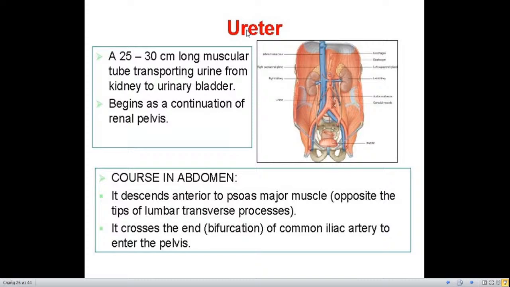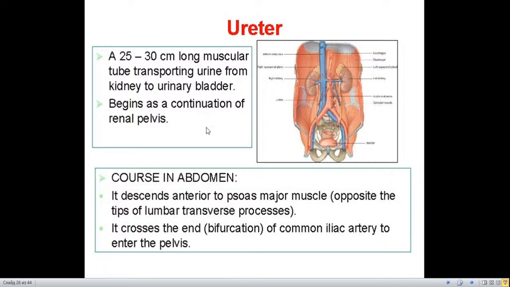My dear, on the slide is presented more important information about peculiarities of ureters. Reflect please this information on your notes. First of all, these are long muscular tubes transporting urine from the kidneys to the urinary bladder.